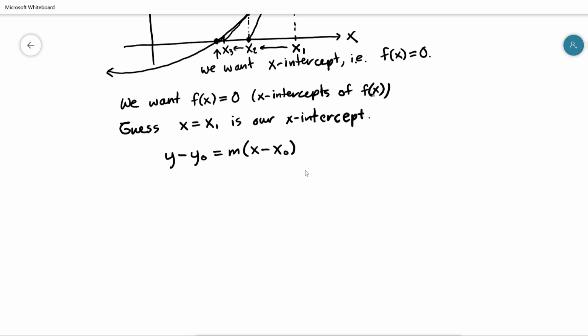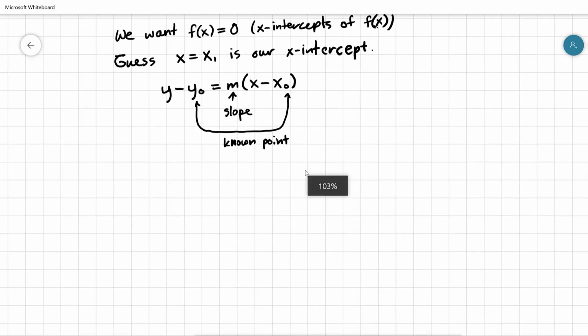All we need is a known point on the graph, which we'll have. And there's our slope, which we can find by taking the derivative. So those are the pieces that we need.